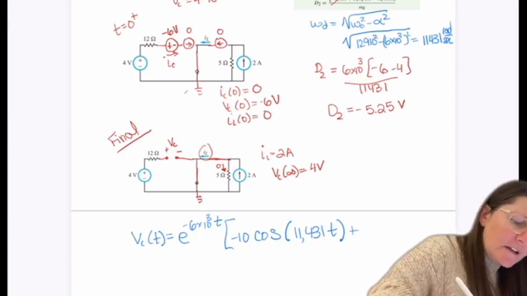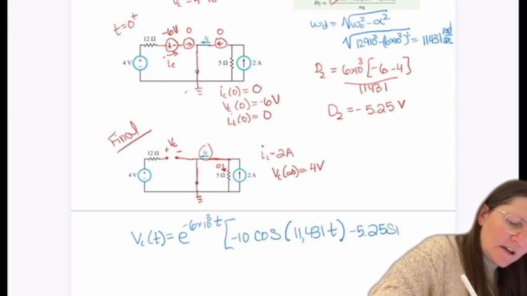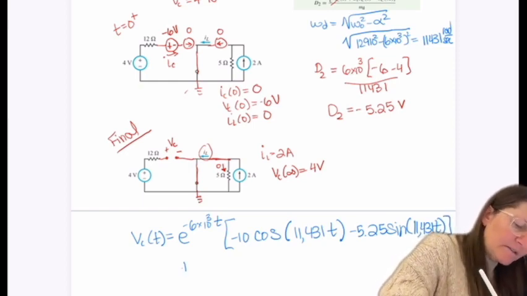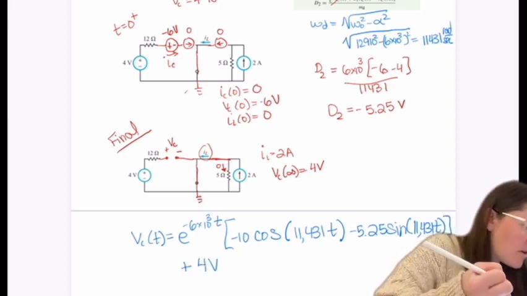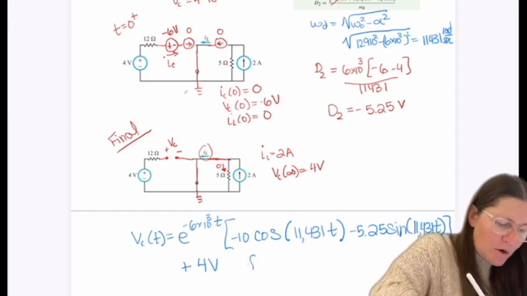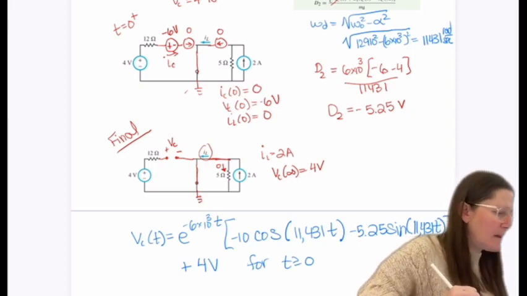And then D2 is a minus 5.25 volts, sine 11,431 t, and then a plus 4. And then you can say for t greater than or equal to 0, or u of t.